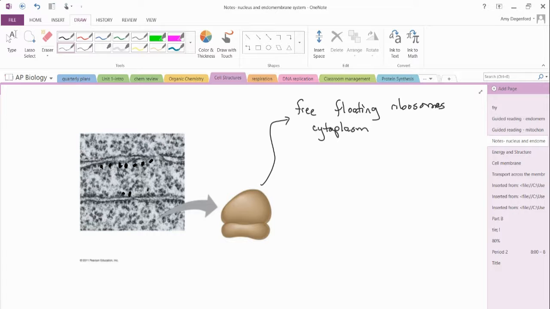So they don't have a permanent position, but where they are does dictate what kind of proteins they make. Free-floating ribosomes that are in the cytoplasm are going to be making proteins that function in the cytoplasm.